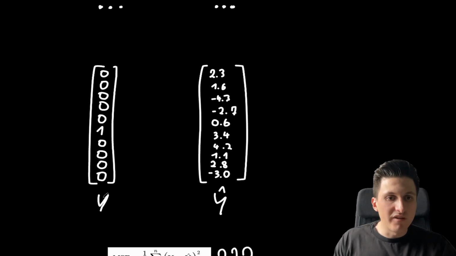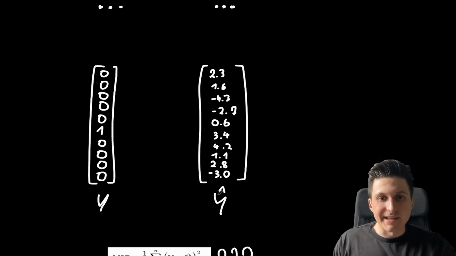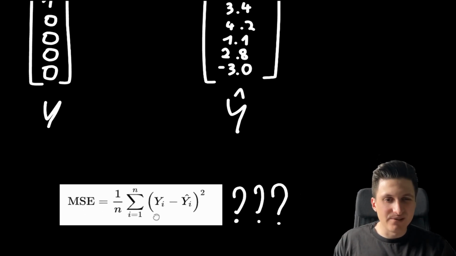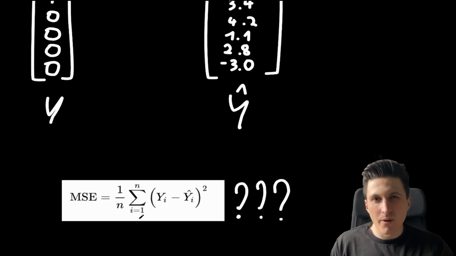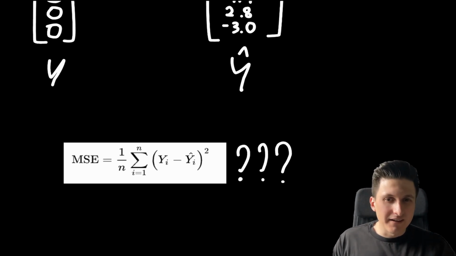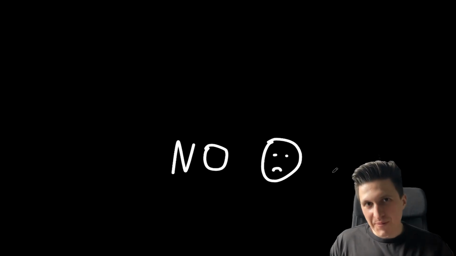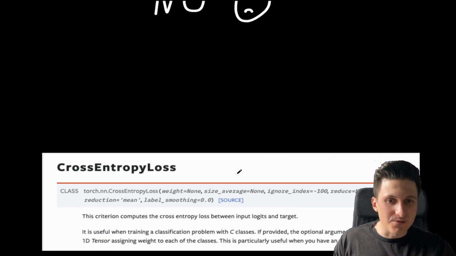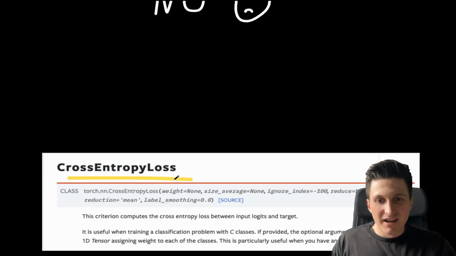So now we have both the true label in a tensor and the prediction in a tensor. So do we just apply the mean squared error that we just saw? What do you think? Let's find the answer somewhere down below. Well, no, because we are actually going to use the cross entropy loss.